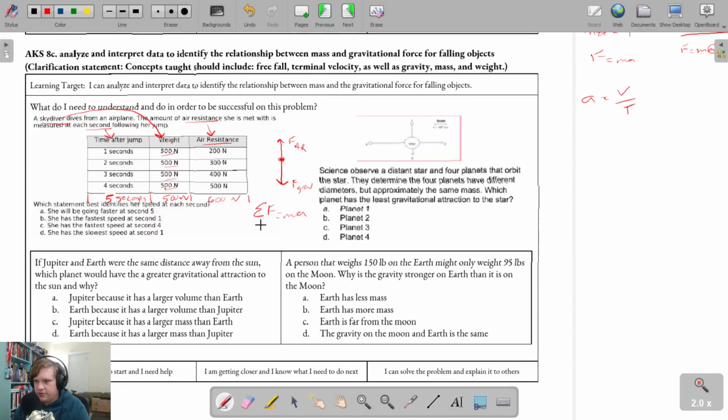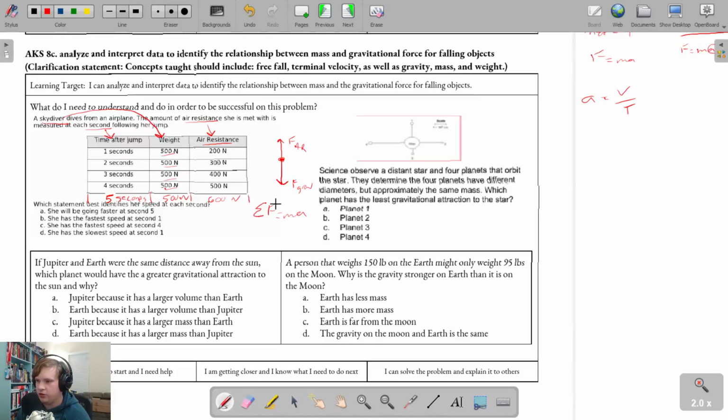Air resistance going up, therefore it's positive. You add them together, one of them will win. Hint, it's gravity. The air resistance will result in a smaller net force. The more air resistance, the bigger the arrow, the bigger the magnitude, the less net force you have. The smaller your net force, the smaller your acceleration. That's it. We're done.